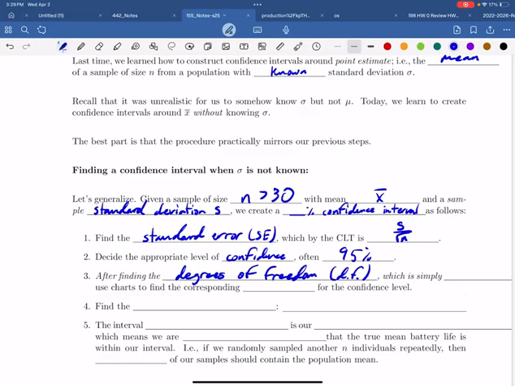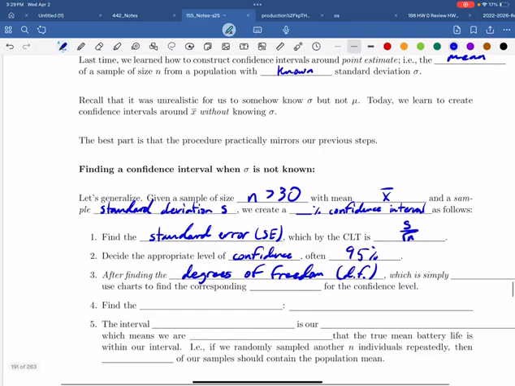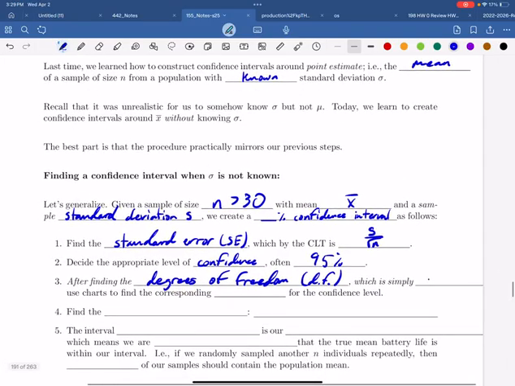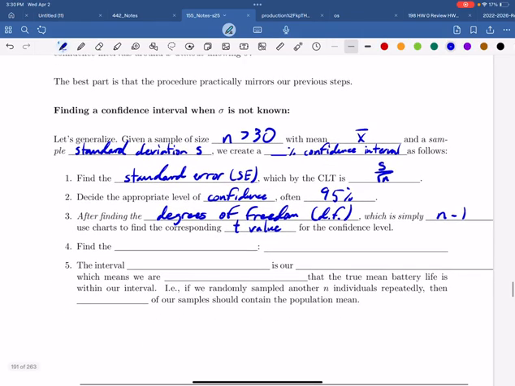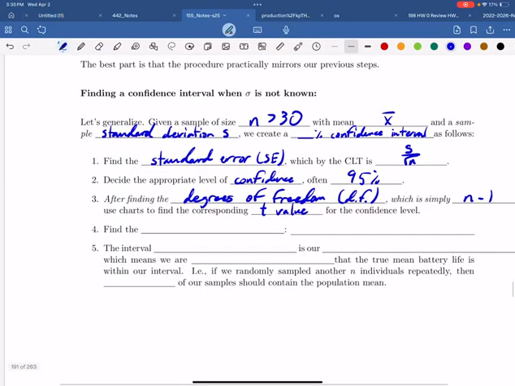So we can't use z values anymore. So we consider something called the degrees of freedom, which is a fancy way of saying n minus 1. And we find the corresponding t value. And the book uses t sub alpha over 2. I'm just going to use t, just because I think it's less confusing. But anyway, I'll show you how to do that in a sec.